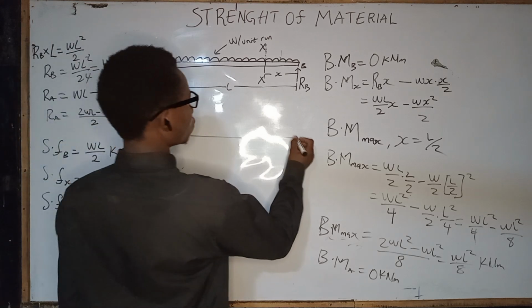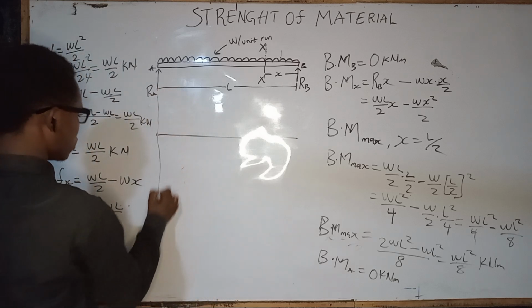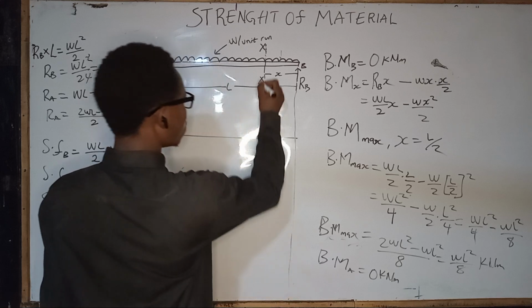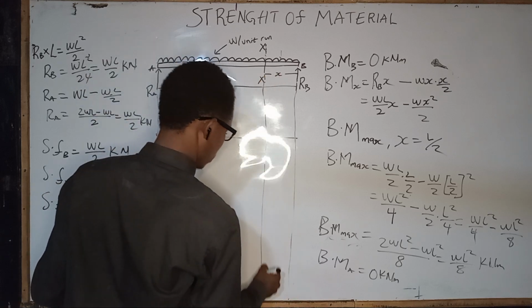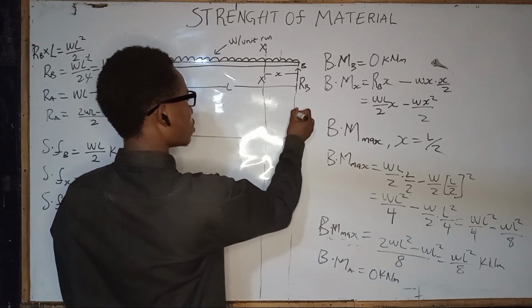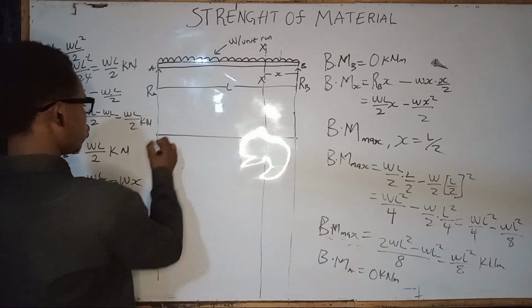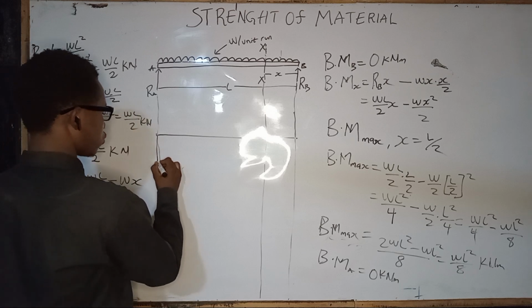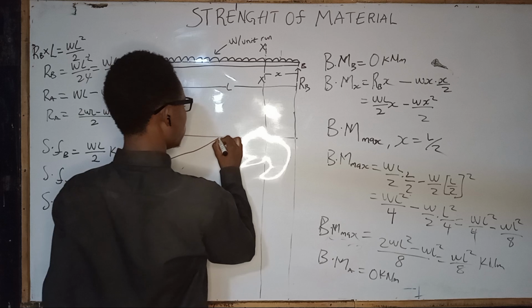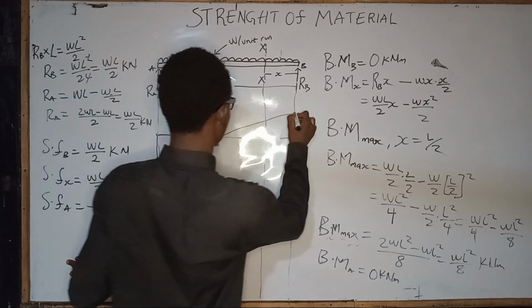Let's draw our diagram here. This x is right here, and here is WL over 2, and it will hit the midway point to reach here.